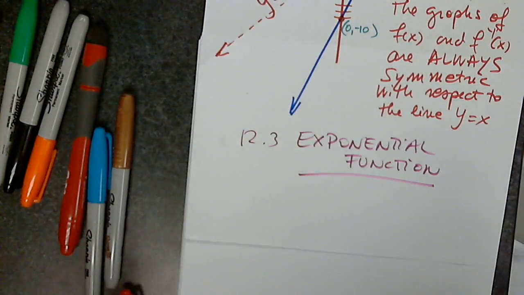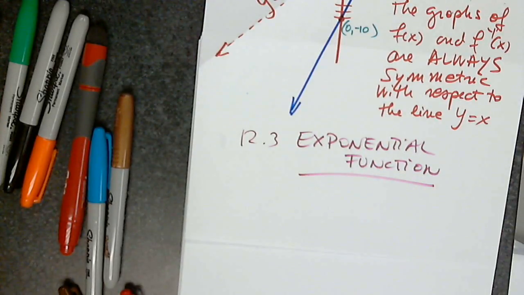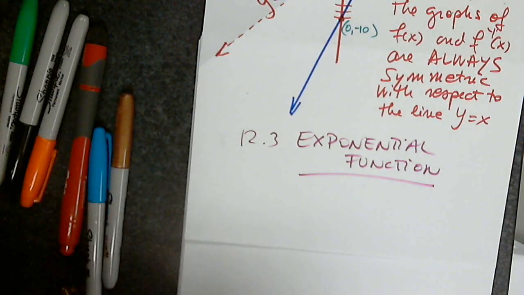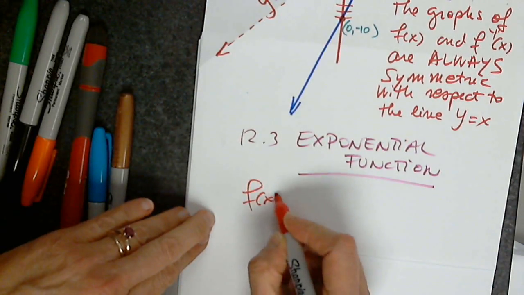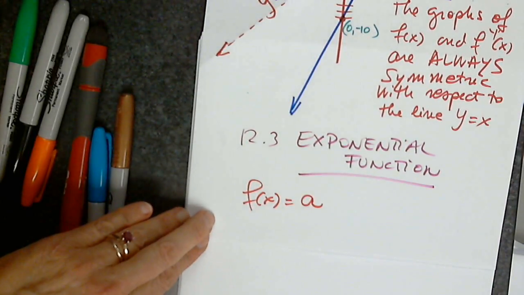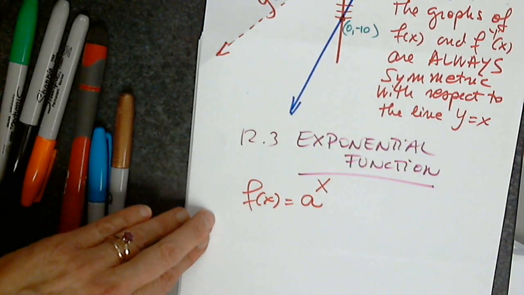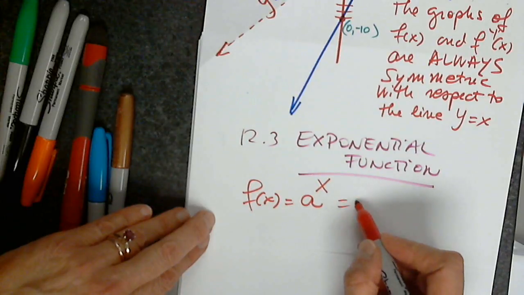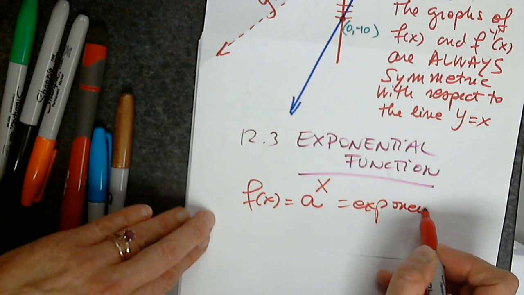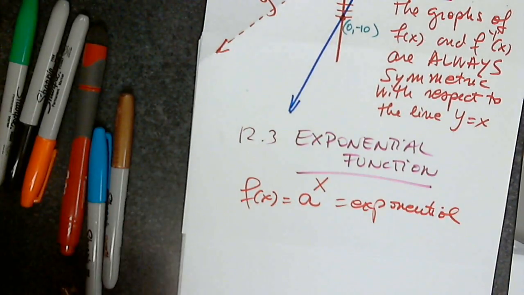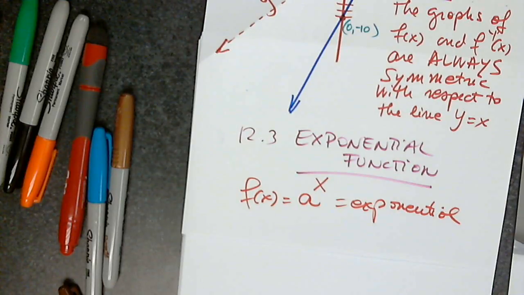So my question here is, why do you think this function is called the exponential function? Because it has an exponent. Right. And the exponent is the variable. Very good. So a function that has a constant as the base and the exponent as the variable is called exponential, because the variable is the exponent.